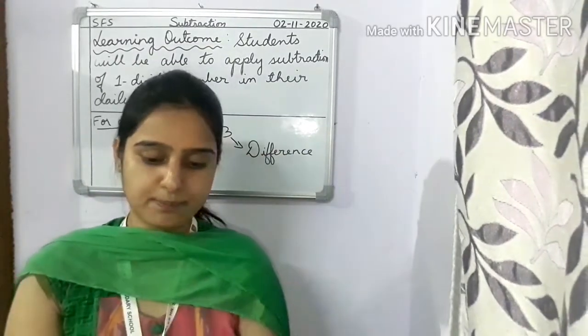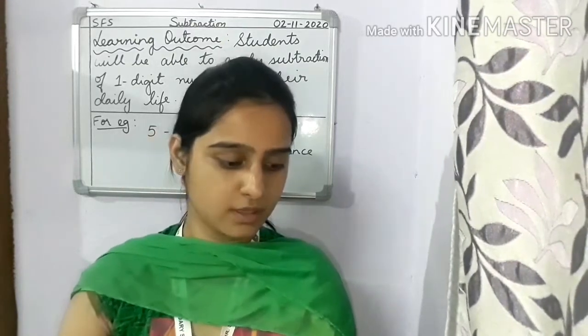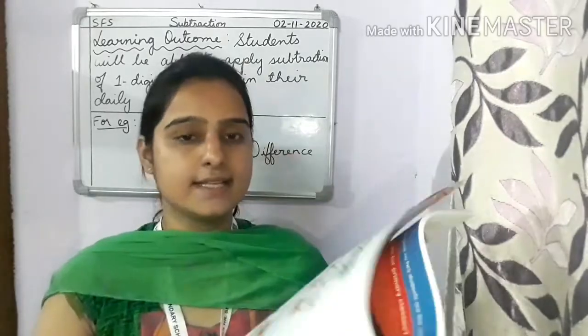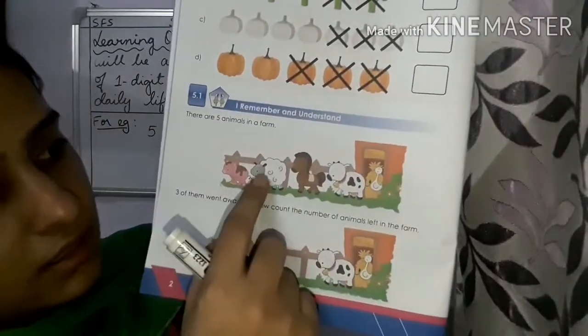Now you see, children, you can see your page number 2. There is an example. You can see here, there are 5 animals in a farm. Let's count. 1, 2, 3, 4, 5.